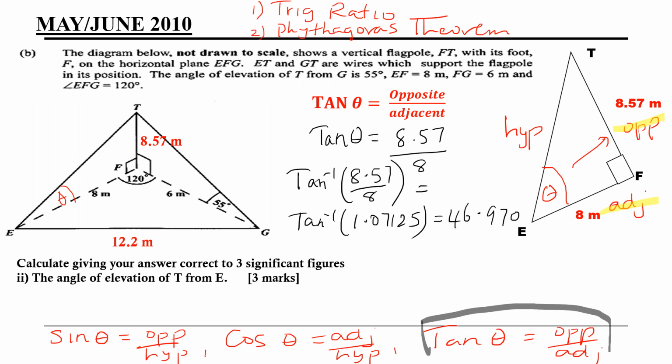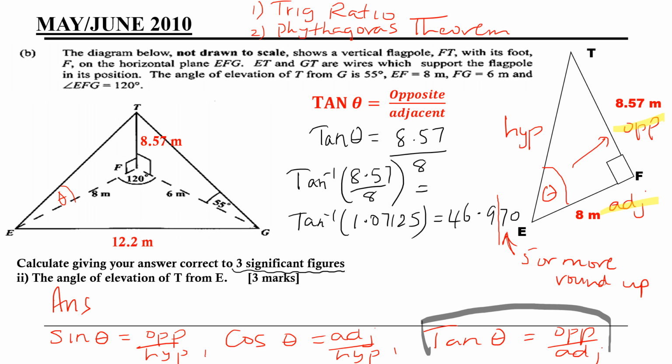We're going to get 46.970. We need to give the answer to 3 sig figs, so we draw a line: 1, 2, 3. Let's put the answer here. We're going to get 46.9, but the 7, remember the rule, if it is 5 or more, round up.